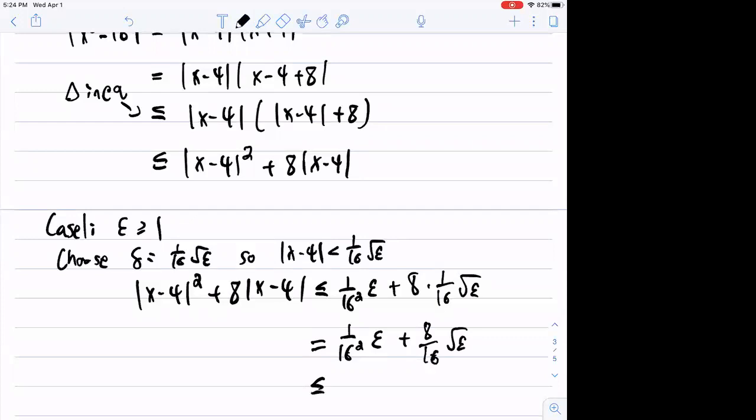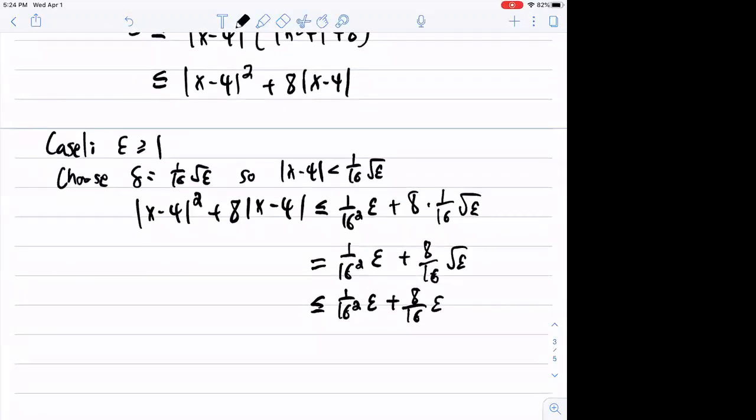Now here, epsilon's bigger than 1. So what happens when you square root a number bigger than 1? Is it smaller or bigger than the original? Square root of 4 is 2, smaller than 4. So if you square root a number bigger than 1, it's smaller than the original. So I could bound it above by just epsilon.